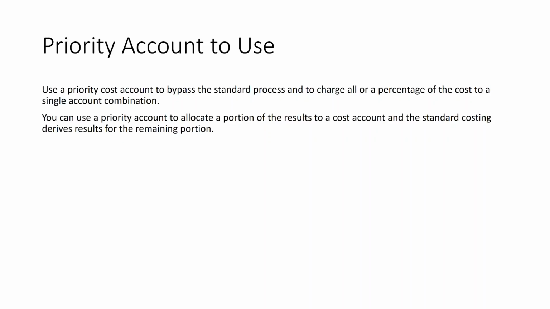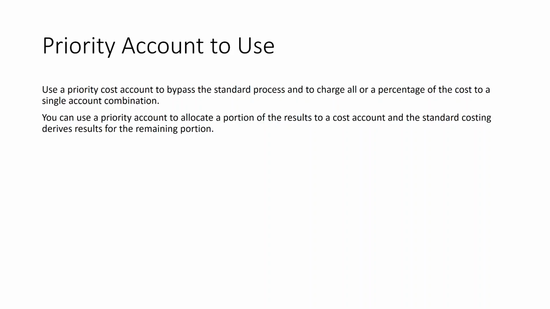Now, if you're using priority account, as I said, you need to keep in mind that you need to define all the segments at the element link level because the priority account doesn't work for any other level. And another applicability of priority account is that if you want a percentage of your payment to be costed to one account and the remaining percentage to be costed as per the standard process, you can define that.